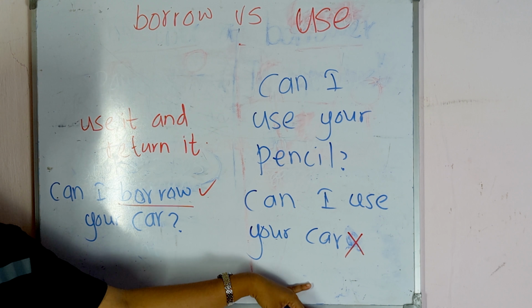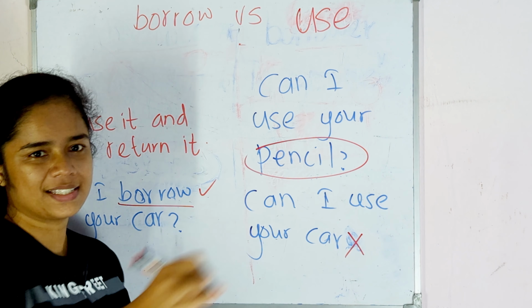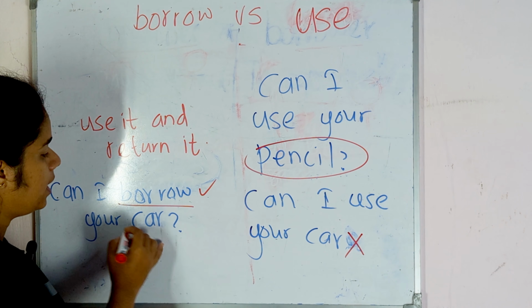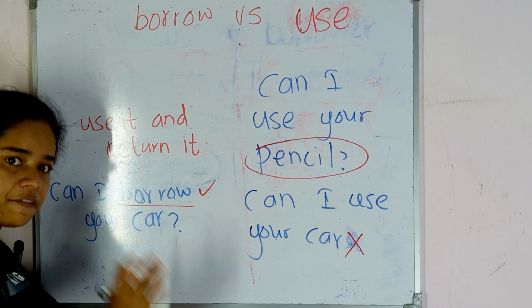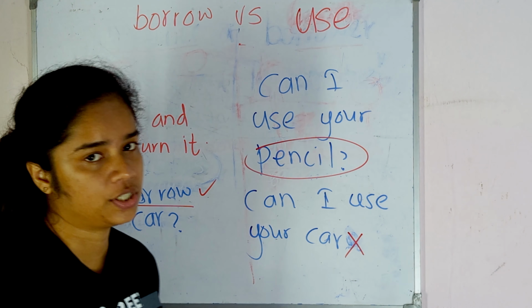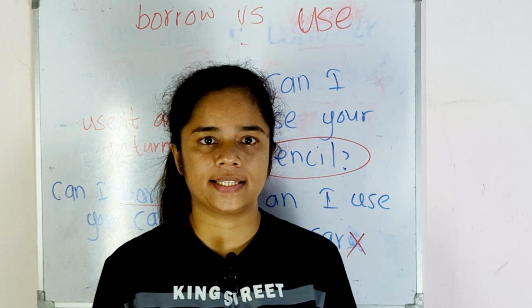Here, with a pencil, you don't have to return it because it's a simple thing, not a big valuable thing. But the car is definitely a valuable thing and you have to use it and return it. So I will tell you an incident.